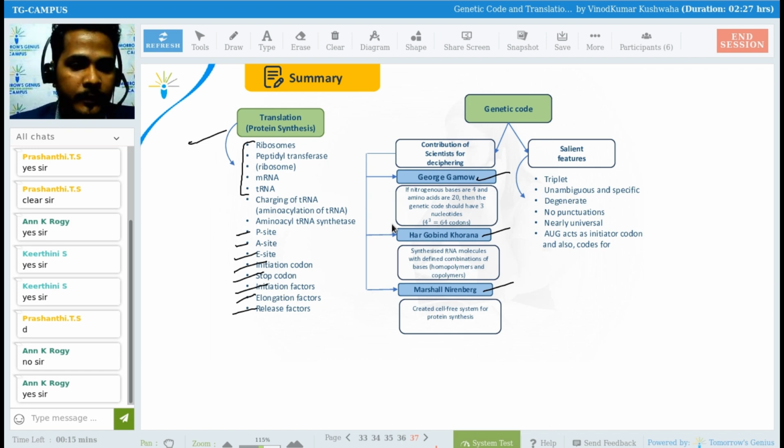Can you read the 7th question, Sarjana? Because question numbers can vary. Sarjana reads: the wobble position means base pairing, second altered base on codon, third altered base on codon, and none of the above. Okay, got it.